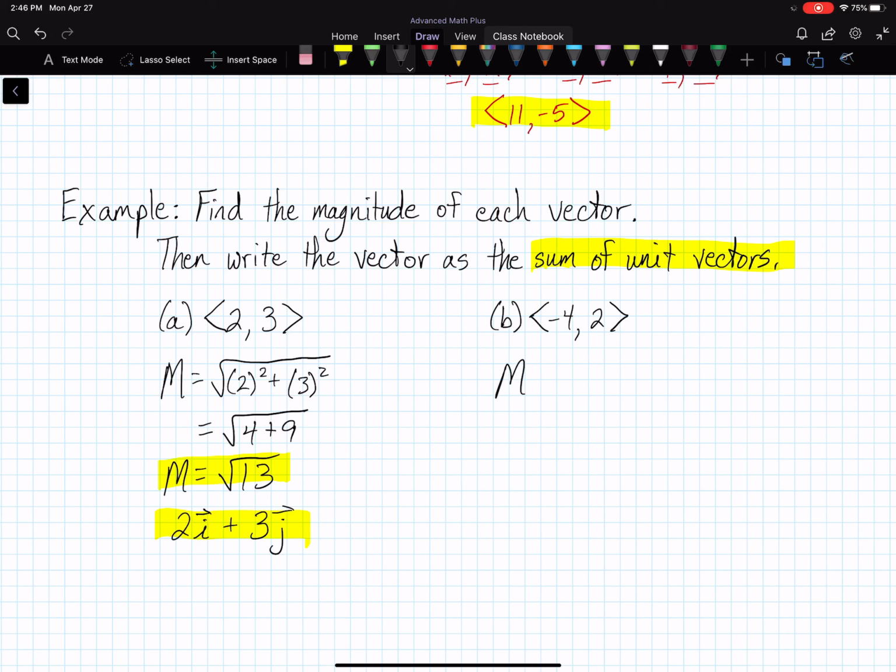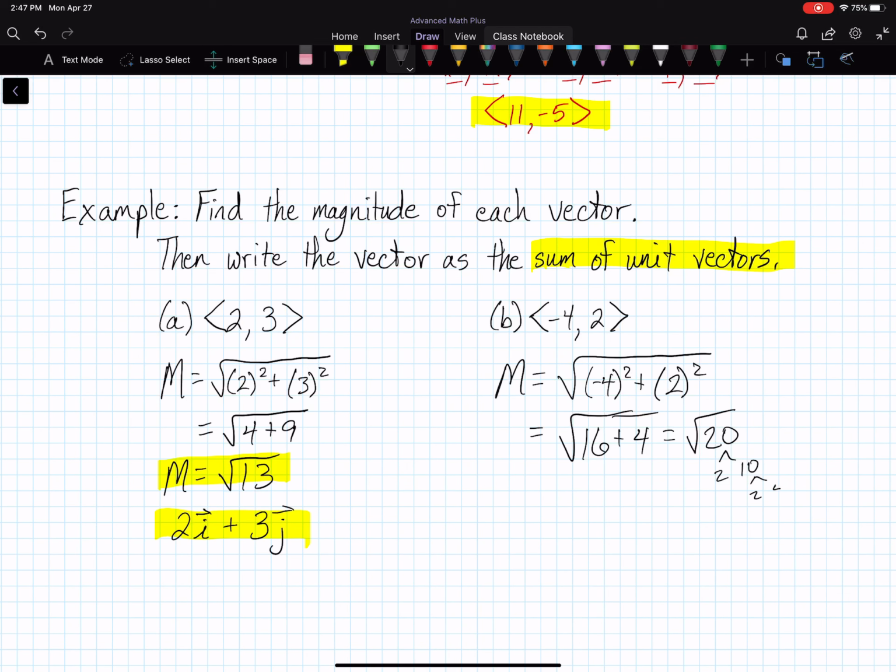Okay, last one. Our magnitude will be the square root of -4 squared plus 2 squared. Well, that's the square root of 16 plus 4, which is equal to the square root of 20. 20 you can actually simplify. If you did your little factor pyramid, that'd be 2 and 10 and 2 and 5.